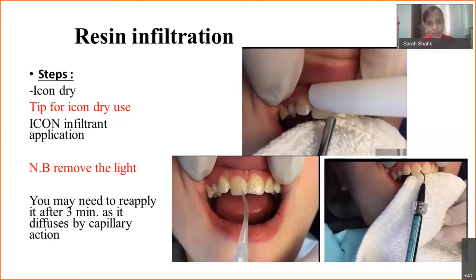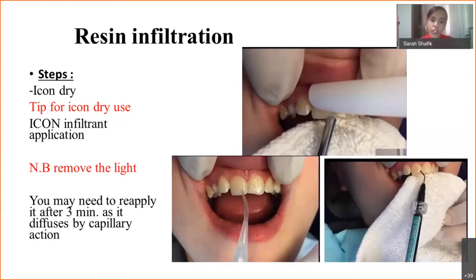So ethanol is going to replace water, and then when using the tip of your air-water syringe to dry the surface, ethanol is going to be volatile and evaporate. So you're going to have your pores empty of water due to the use of the Icon Dry. Then start applying your alcohol.